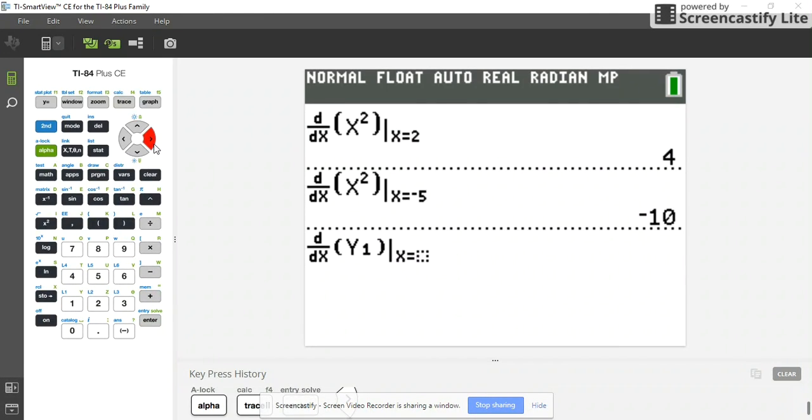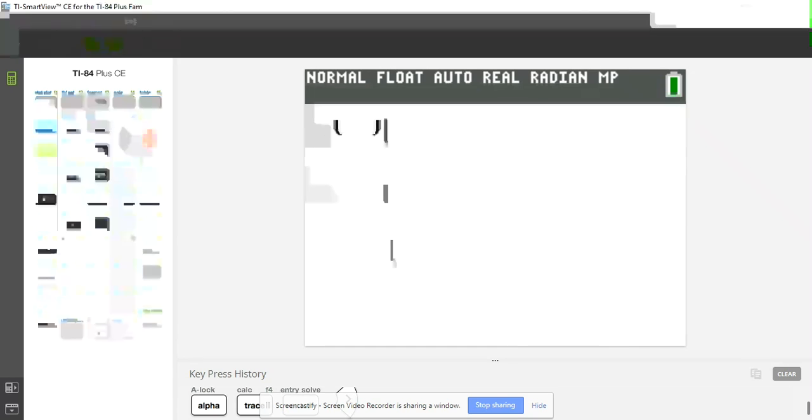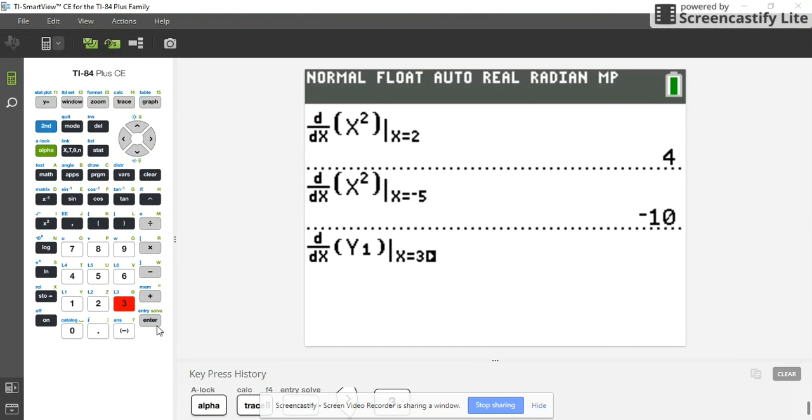And again, let's take the derivative when x is equal to 3. We know the derivative of x squared is 2x, and when we plug in 3, we get 6. So when we hit enter, it goes to y1, sees that x squared is there, and then it gets the derivative of x squared at 3, which is obviously 6. So there's how you find the derivative of a function at a particular value of x on the main screen.